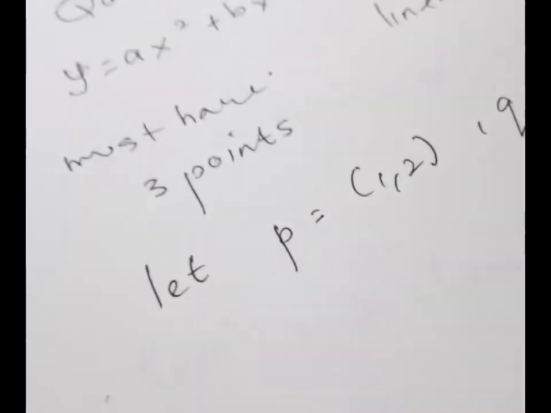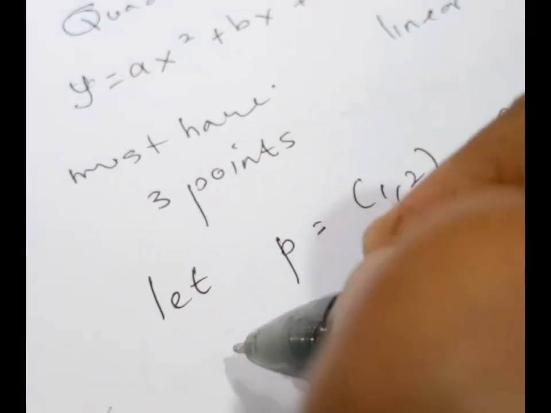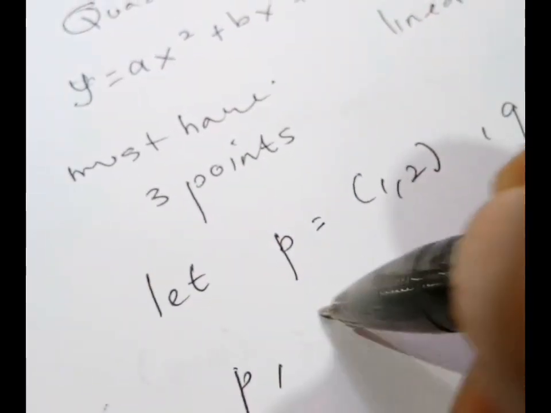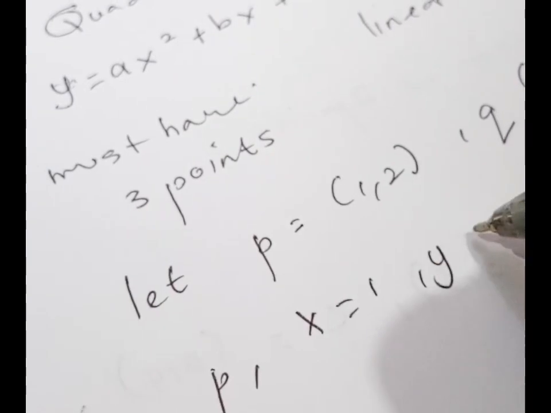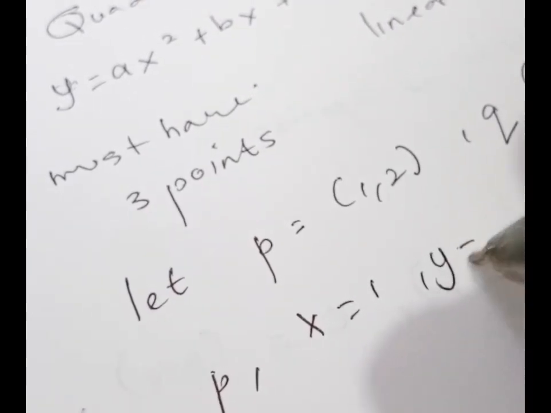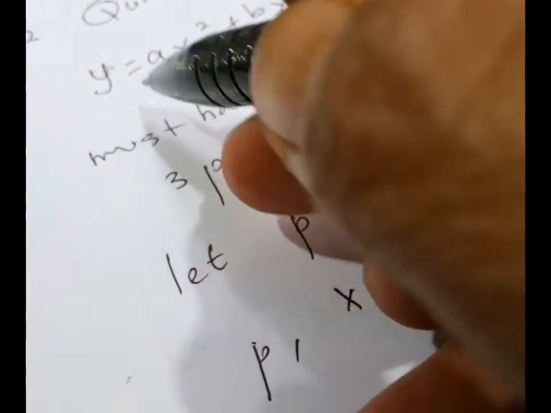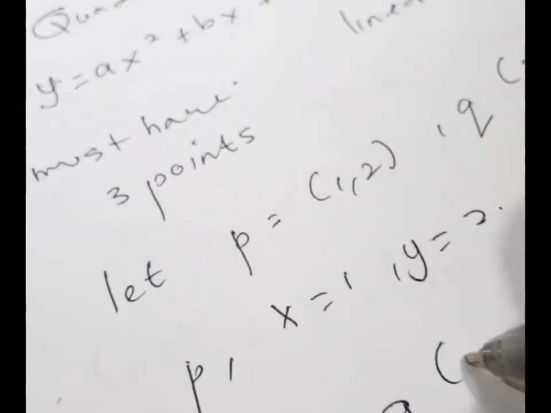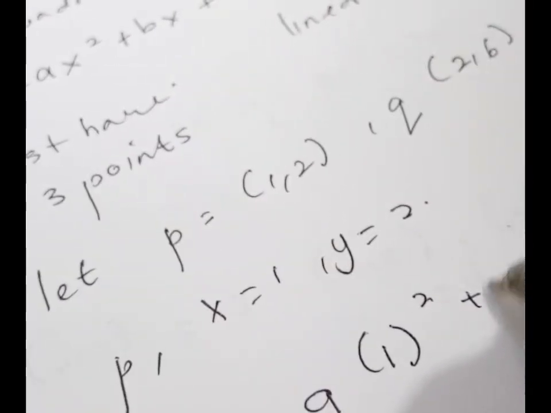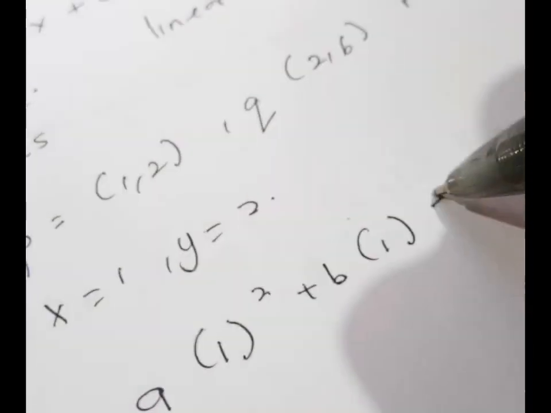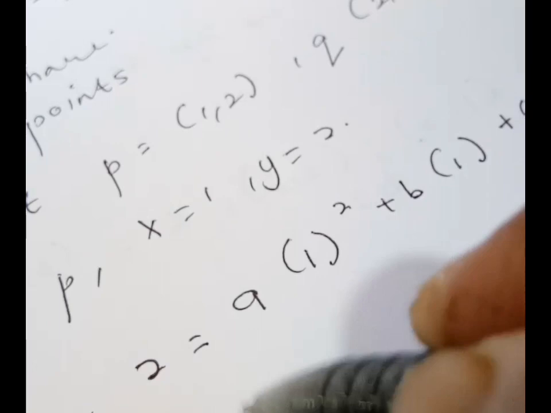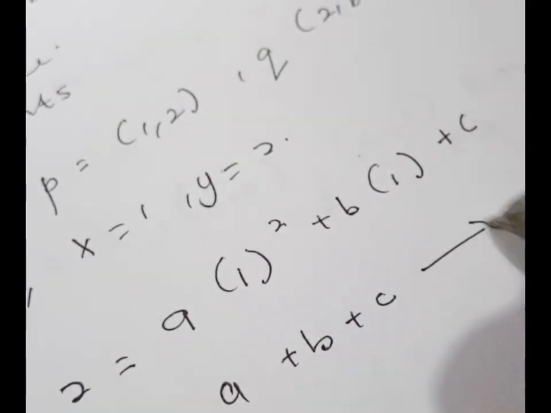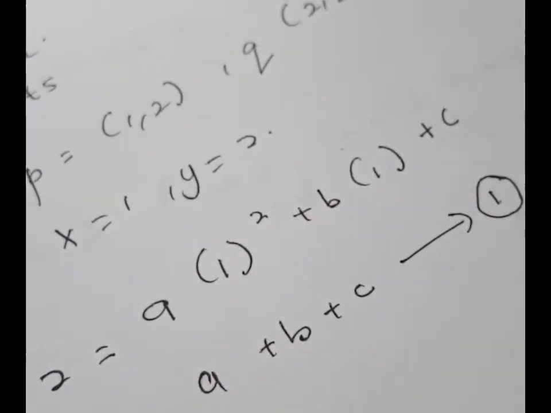Let's take the first point P. At P, x is 1 and y is 2. So substituting in here, we have 2 equals a(1) squared plus b(1) plus c, and this is 2 equals a plus b plus c. This is equation 1.